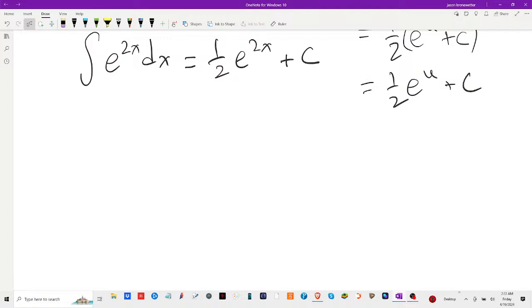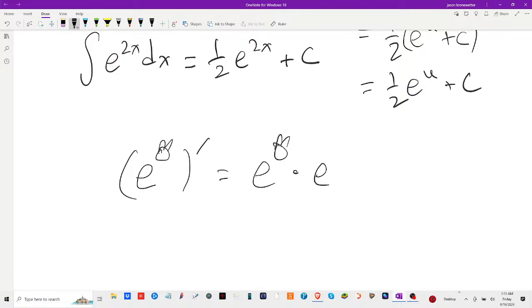Remember our derivatives: if you have e to the Mickey Mouse, prime, then you get e to the Mickey Mouse back again times Mickey Mouse prime.